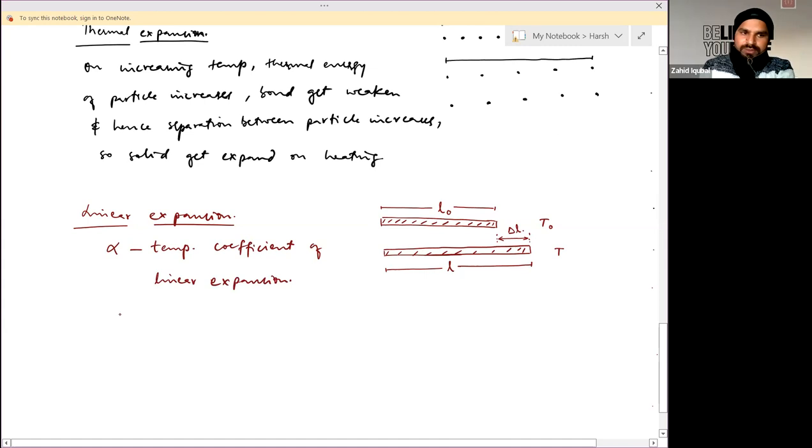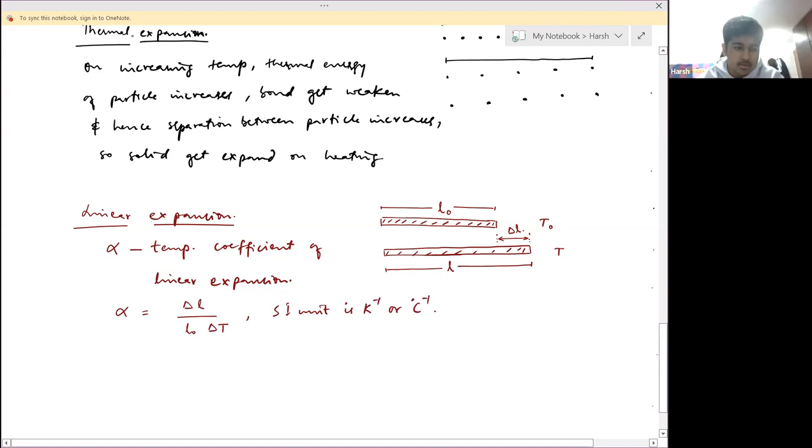So this alpha is equal to delta L divided by L naught times delta T. Its SI unit will be Kelvin inverse or degree Celsius inverse. Is it clear? Yes, sir.